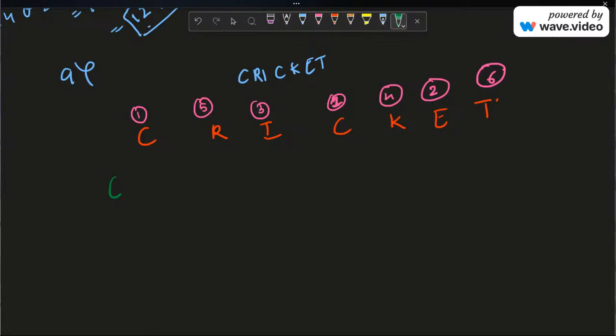Now I have to mark how many are behind. So for this it is 0. And all are lesser: 1, 2, 3, 4, 5. Okay, so I have made a mistake.